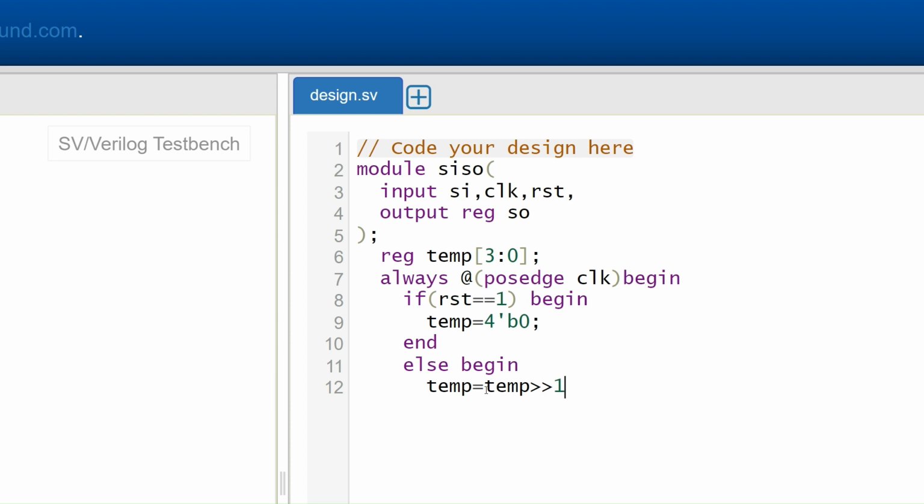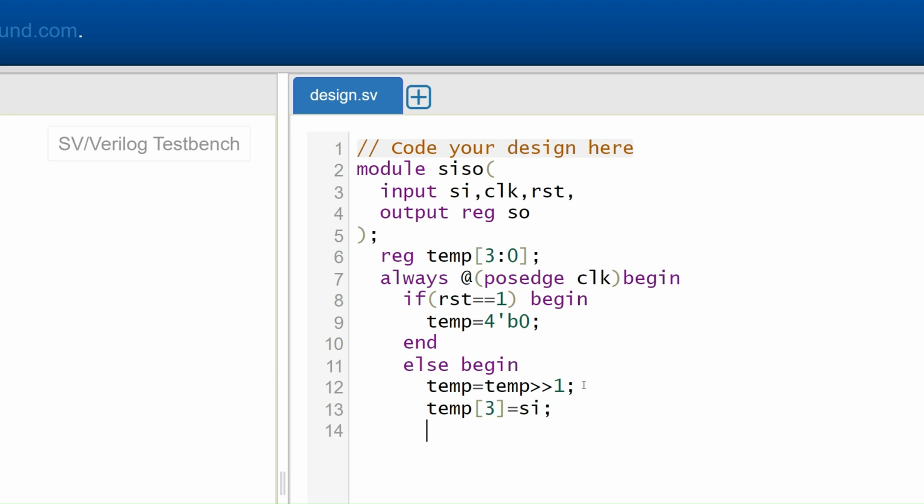Here I am using the right shift operator, so that the variable is right shifted once. Initially, the temp[3] will be SI, so it will be taken into the third bit.